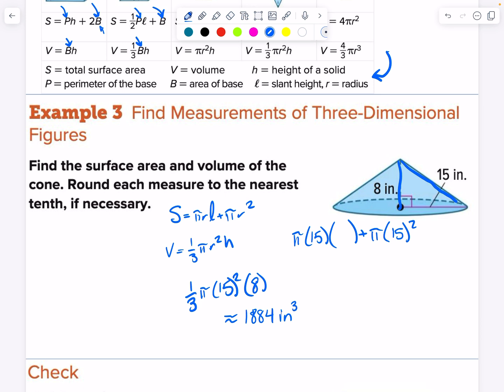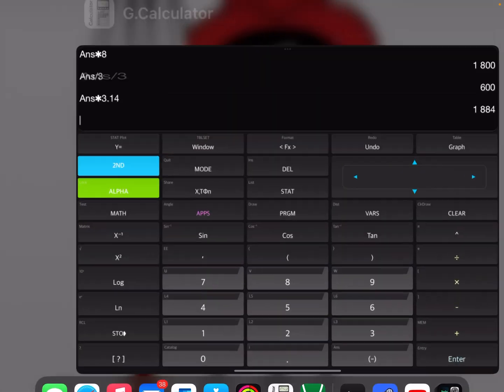Okay, so now when we do this one, I have an issue of, I don't know what that slant height is. I know this is not 18, but this is 15, and this is 8. But if we know anything about right triangles, we should know that we can find that. So I can say the Pythagorean theorem should tell me what my missing slant height is by doing 8 squared plus 15 squared.